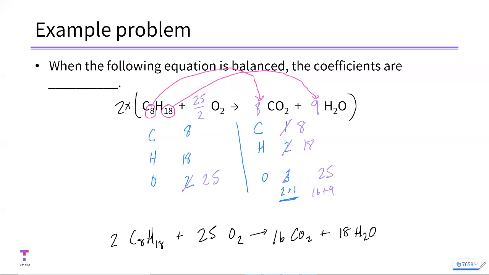So chances are, if we're talking about compound plus oxygen making two new compounds, we might still be talking about combustion. It depends on what those two compounds are. So combustion is not limited just to hydrocarbons. It basically talks about the burning of anything in oxygen to create oxide compounds.